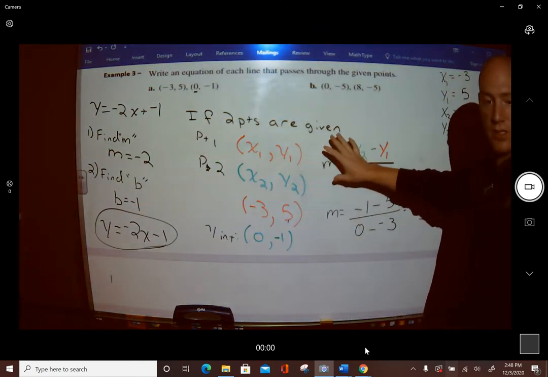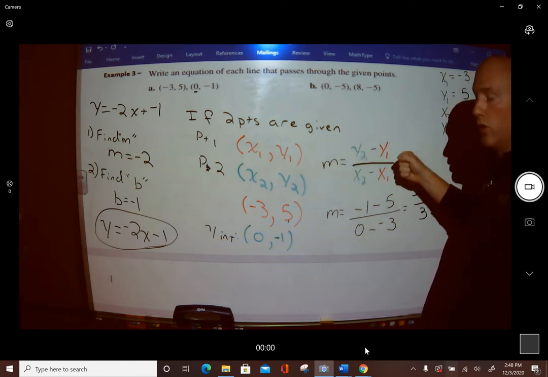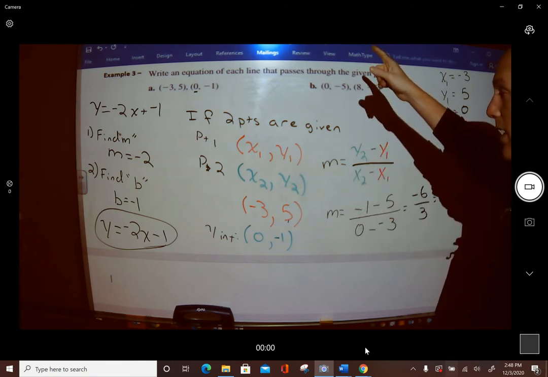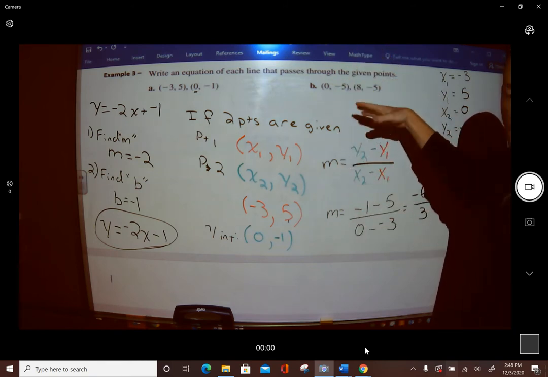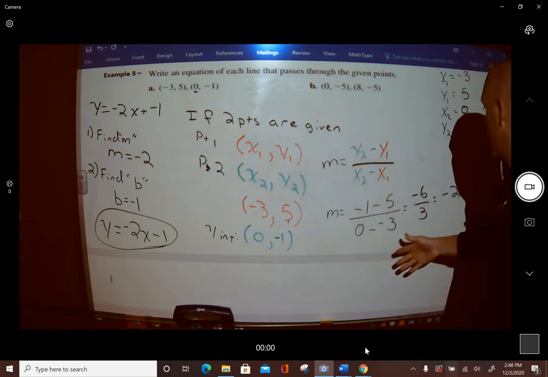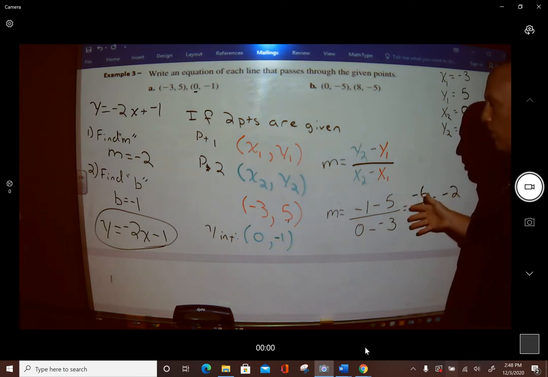This is your first introduction to the formal slope formula. So you've been doing something like this when we've been doing it in table form. You're saying, what did my x go up by? What did my y go up by? We were looking for a consistent rate of change. Now we're finding the number that represents that consistent rate of change. And all you ever have to do is follow your slope formula.